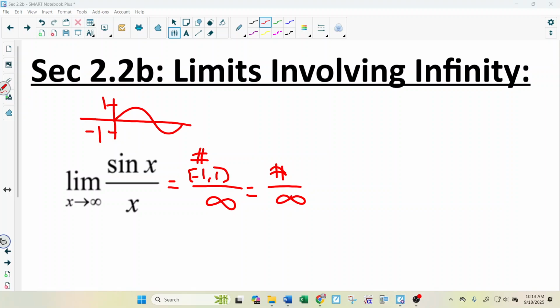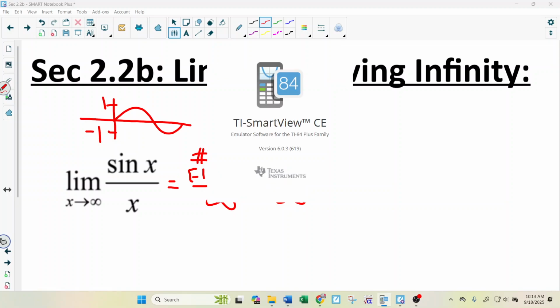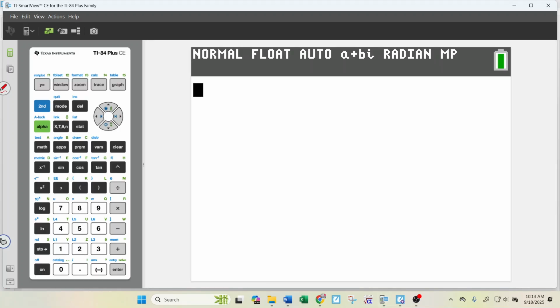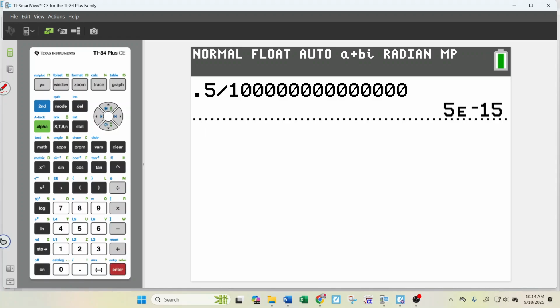Well, if we just look at it, I can get my calculator to open up. What happens if you take some number and you divide it by a really, really big number? It gets small, right? So if I take some number, 0.5, some number between -1 and 1, and I divide it by a really big number, I'm going to get a really small number, right?